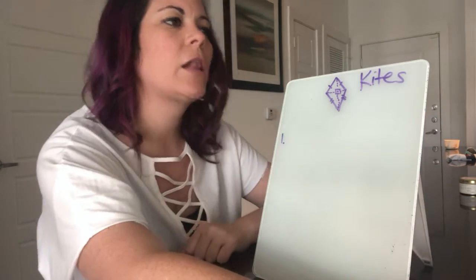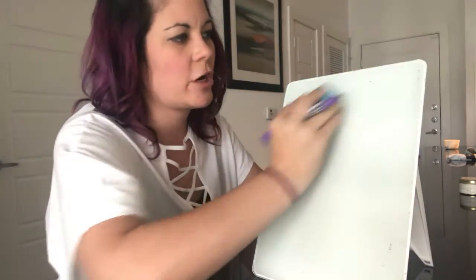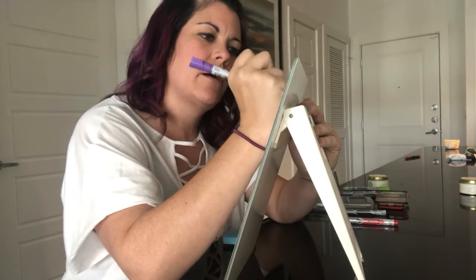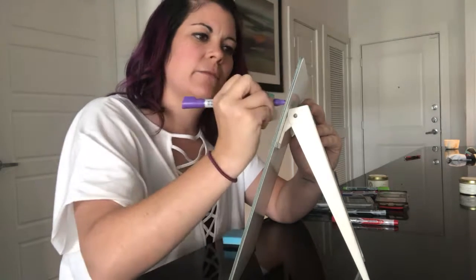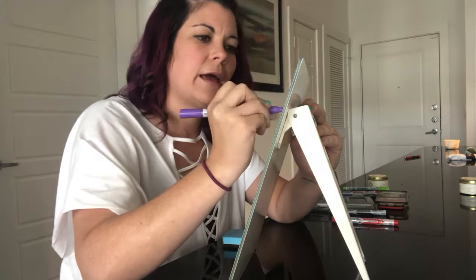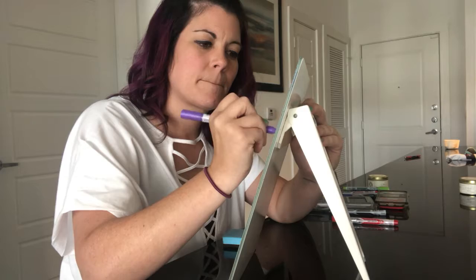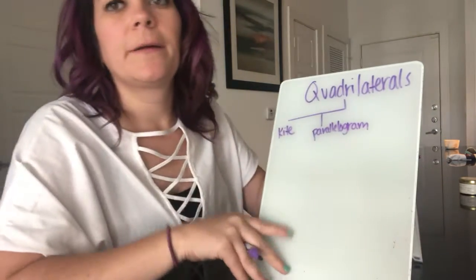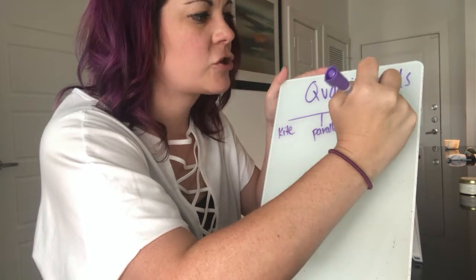Okay, so we've learned a lot about shapes, and so I'm just going to do a flow chart on this one. So quadrilaterals, we learned, are four-sided figures. And then within quadrilaterals, we have a kite, a parallelogram, and a trapezoid.